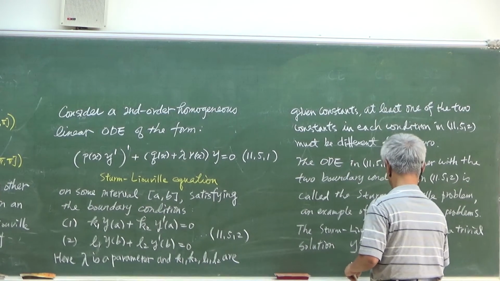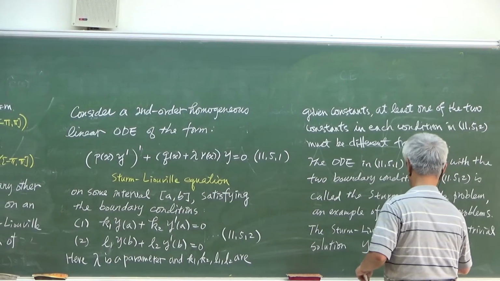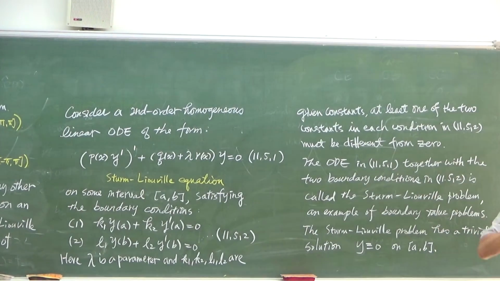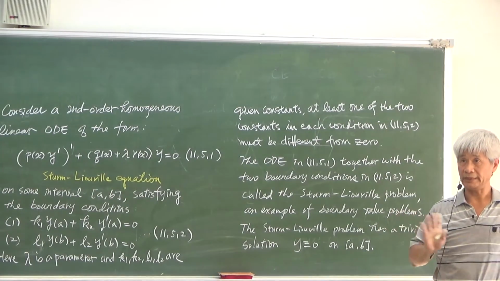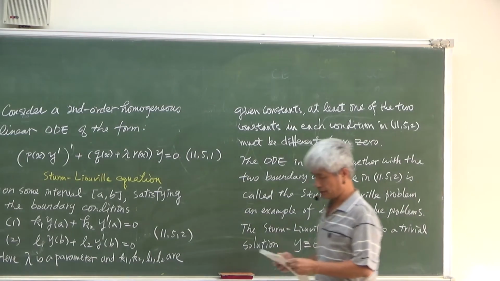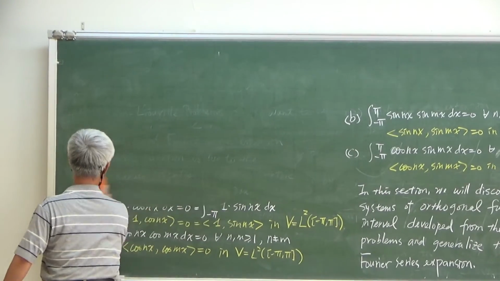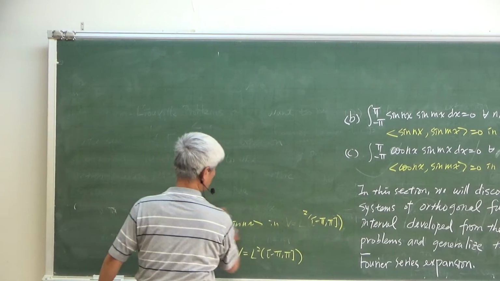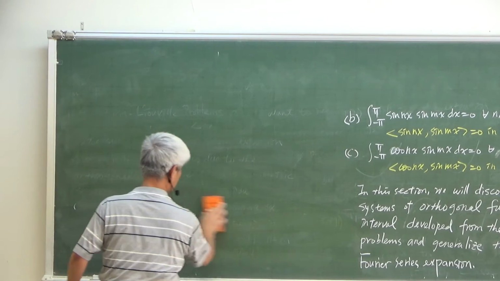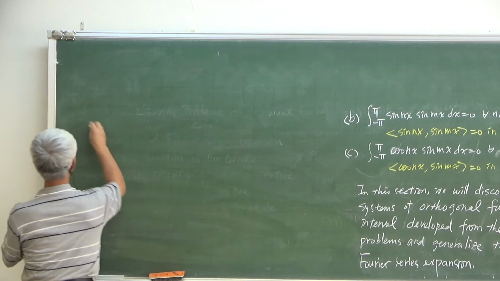Okay? Right? So the solution is identically 0. Of course, there is one solution. But we are interested in non-trivial solutions. And we'll give names for those non-trivial solutions.